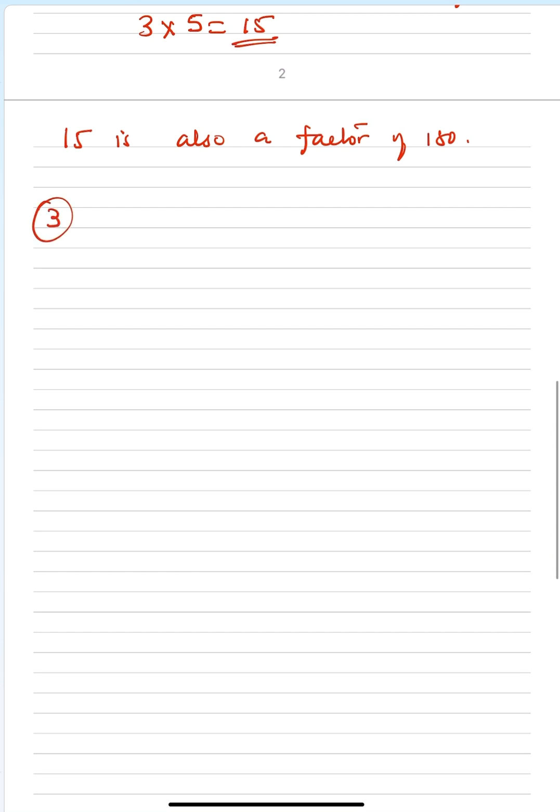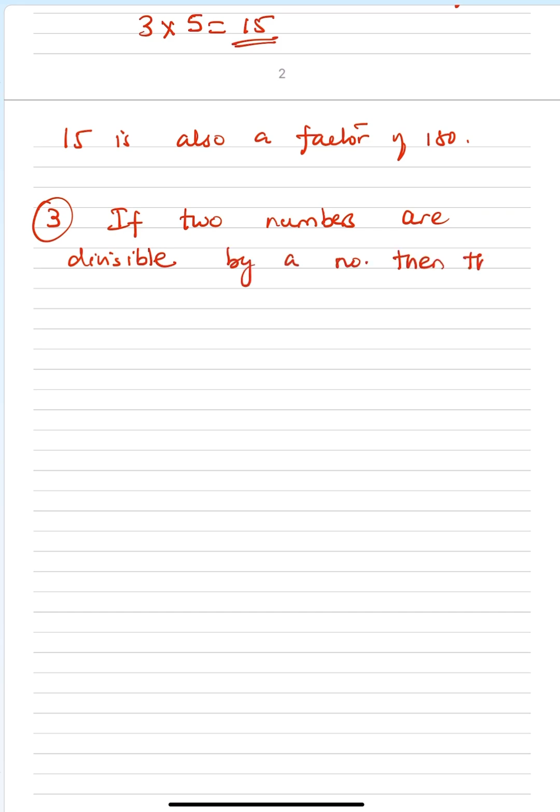Now the third rule is that if two numbers are divisible by a number, then their sum is also divisible by that number.